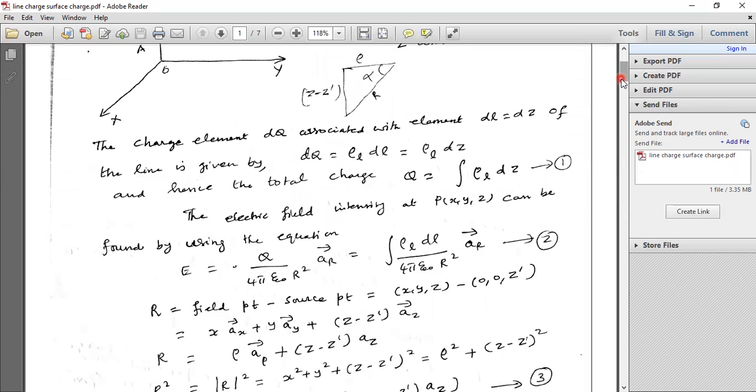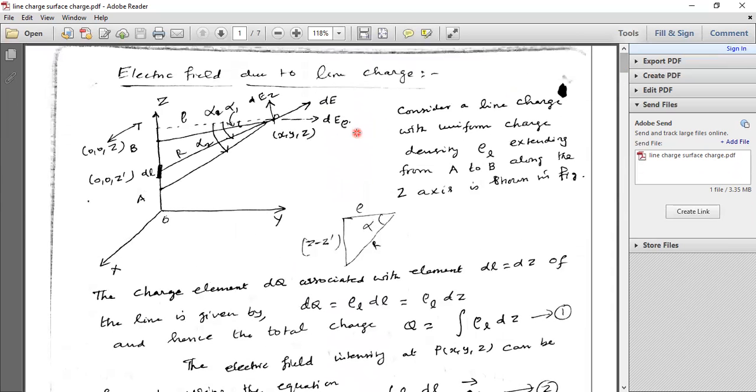Here we express the length of the conductor along the Z axis, and alpha 1 and alpha 2 are the two angles made between the rho vector and the line joining the source point and field point.